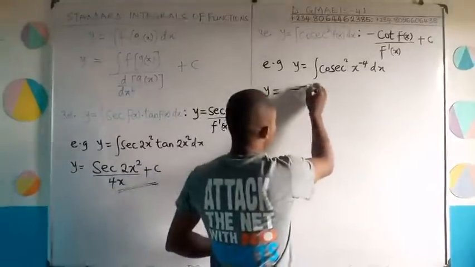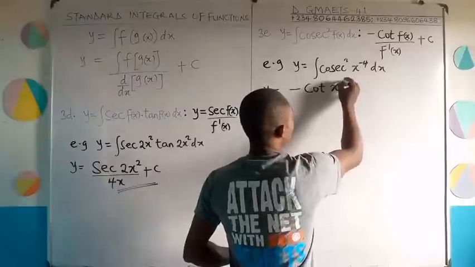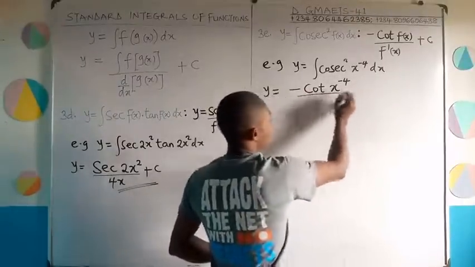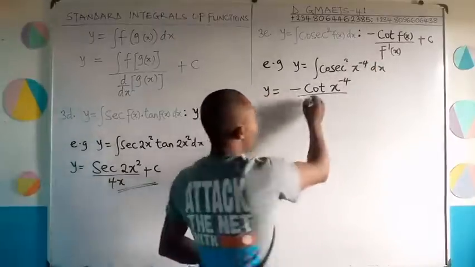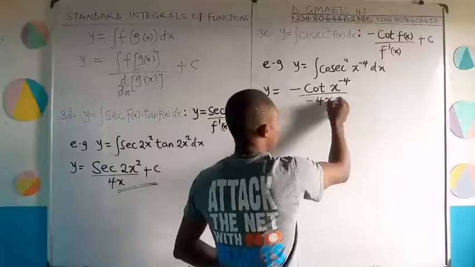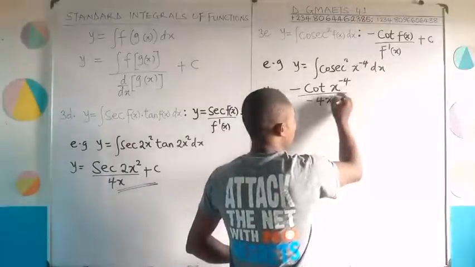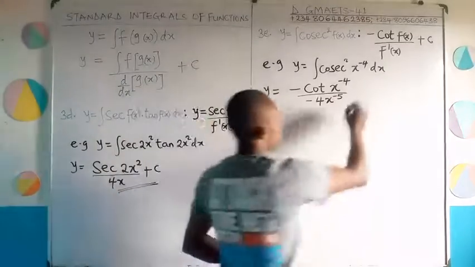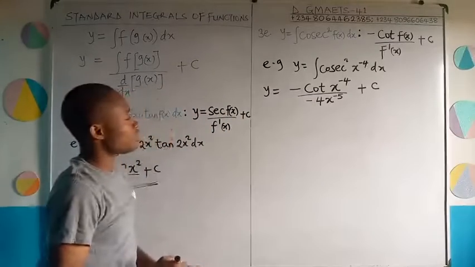So I'm going to have minus cot of the original minor function, which is x raised to the power minus 4. Then we shall divide this by, differentiate this minor function, x raised to the power minus 4. And you will get minus 4x raised to the power. Remember, you are subtracting 1 from this under differentiation, so it becomes power minus 5. And so we are going to add plus c, our constant of integration.